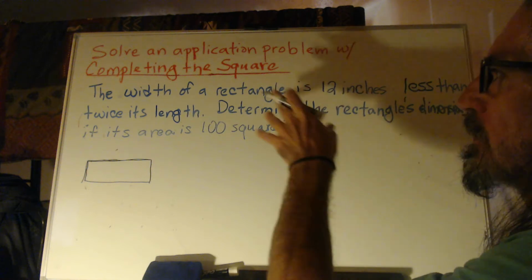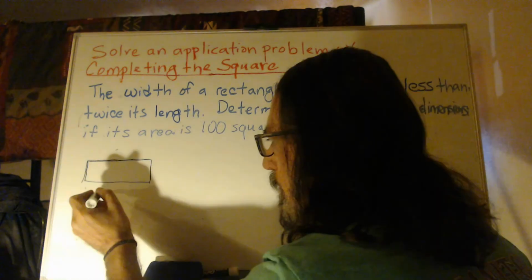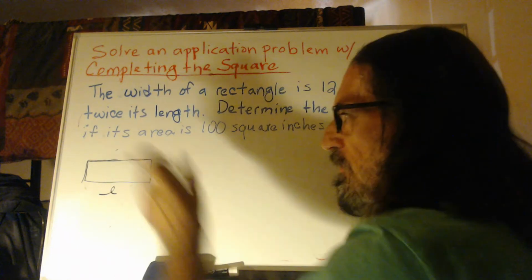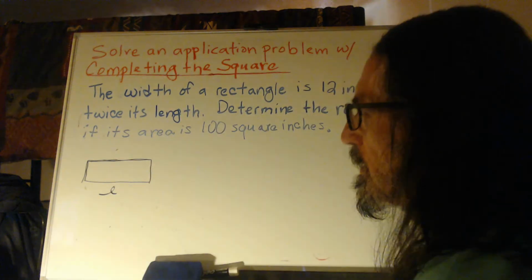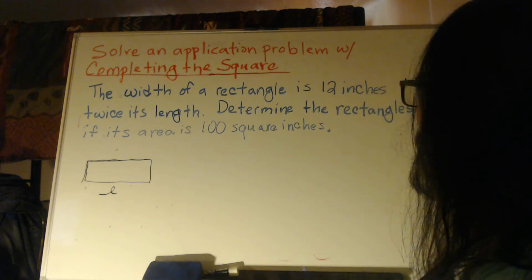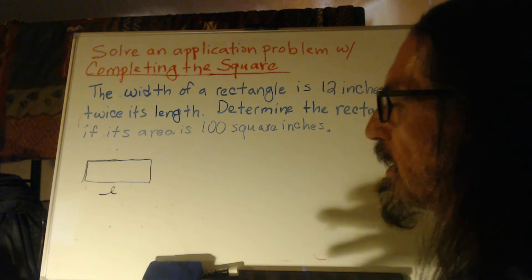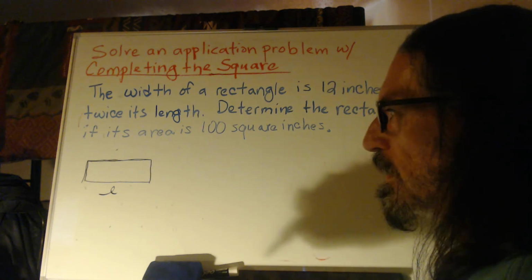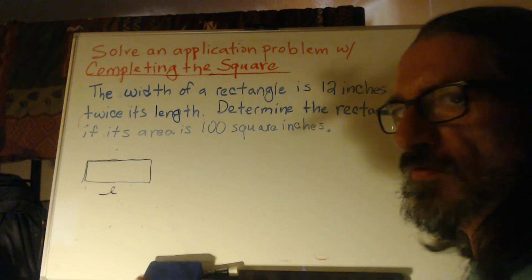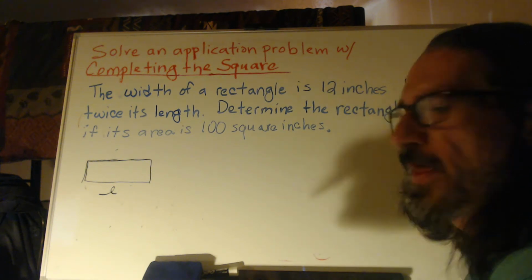So let's say we have the length labeled here, the side opposite would also be labeled with an L, and then the width is 12 inches less than twice its length. Twice its length would be 2L, whereas 12 inches less than that, take away from 2L, that 12, we'd have 2L minus 12.